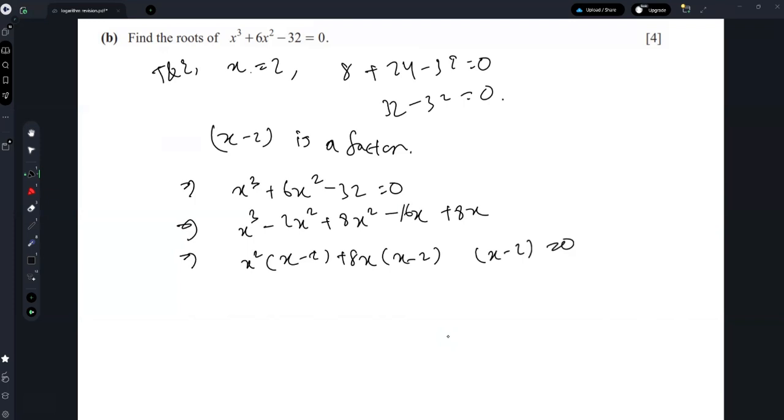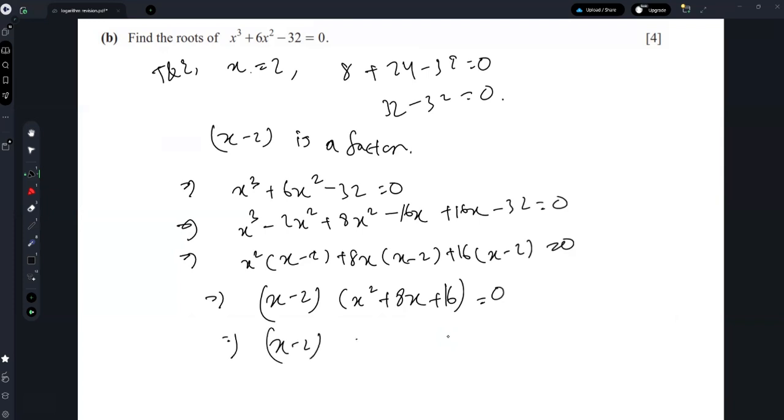You don't have any x here. Plus 16 minus 32 equal to 0. So we get (x minus 2)(x squared plus 8x plus 16). Okay, that's just your expression for (x plus 4) whole square. So I have (x minus 2)(x plus 4) whole square equal to 0.